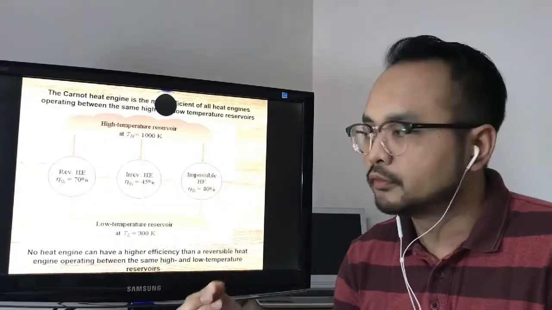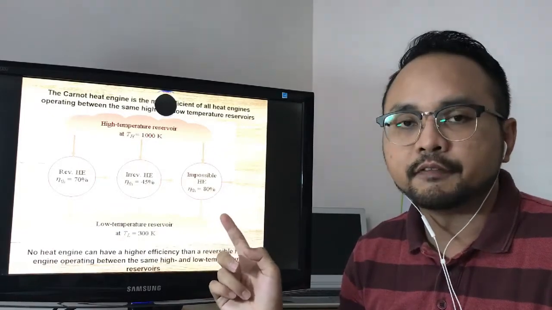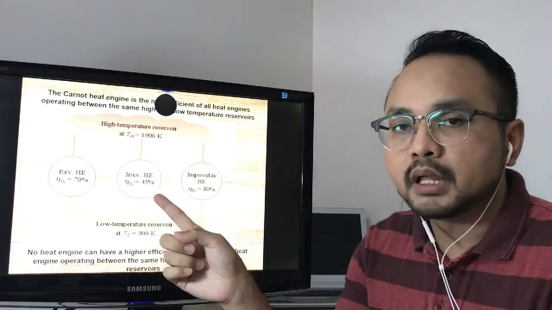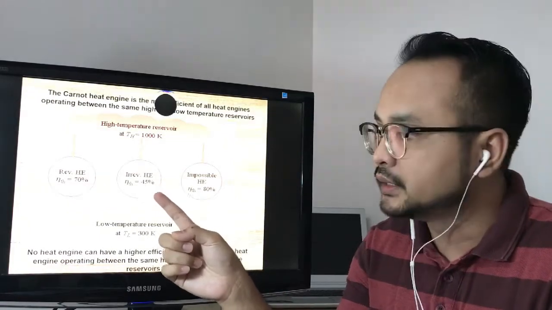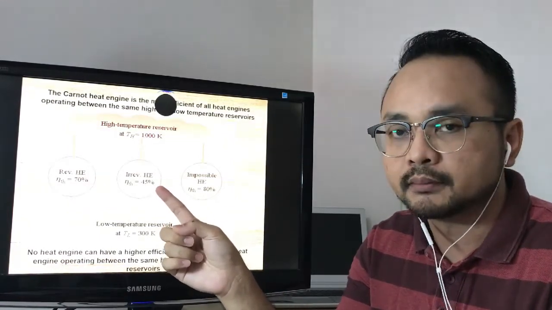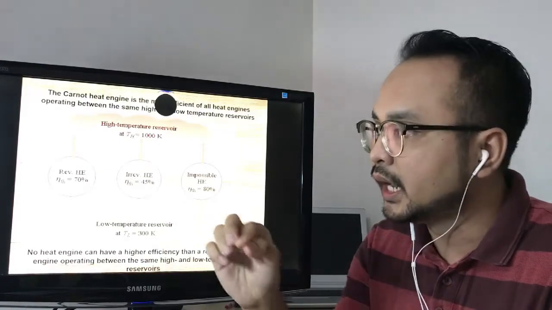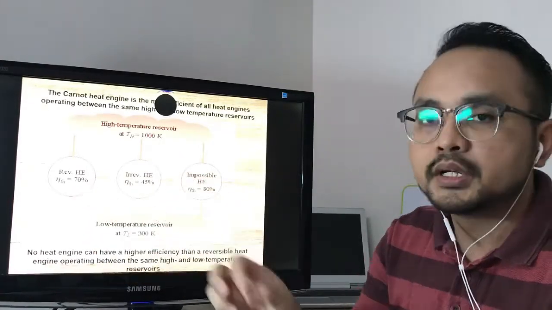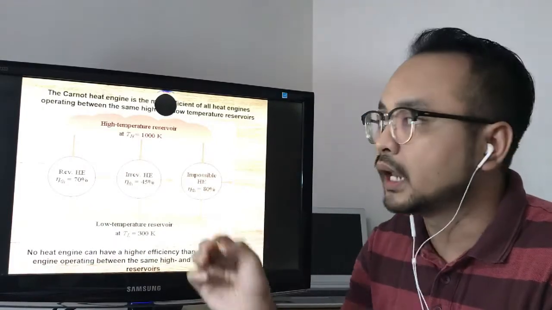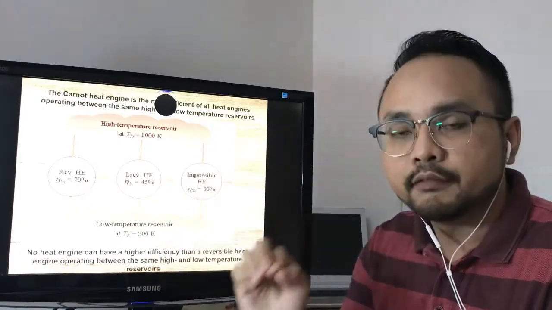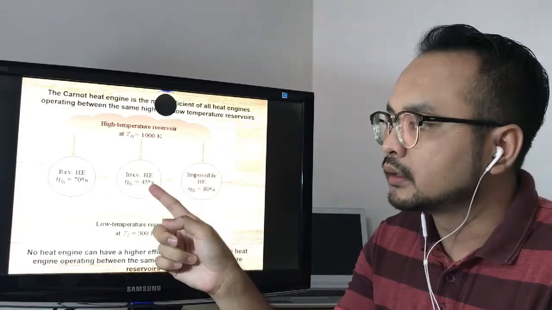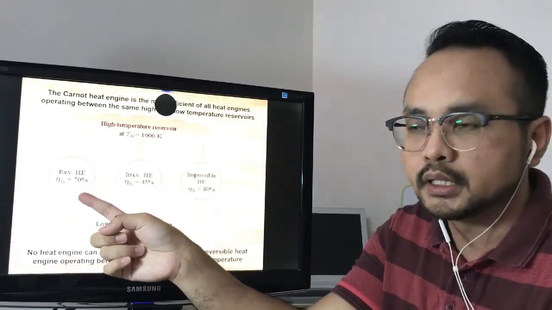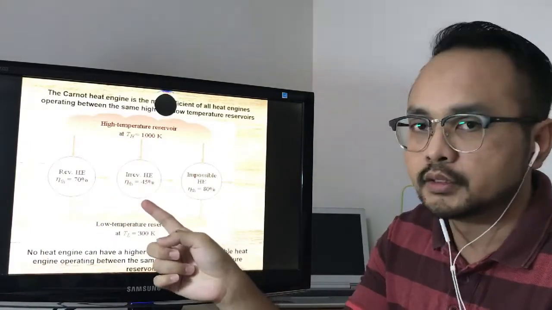What I explained to you before is depicted in this figure. If you have 3 different heat engines and the thermal efficiency for the reversible heat engine is 45%, if we measure another heat engine and get a thermal efficiency of 70%, and if we measure another heat engine operated under the same reservoir and get 45%, which is equal to the thermal efficiency of the reversible heat engine, so this heat engine is reversible.